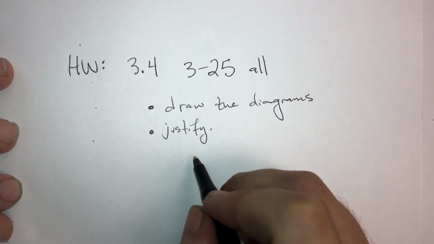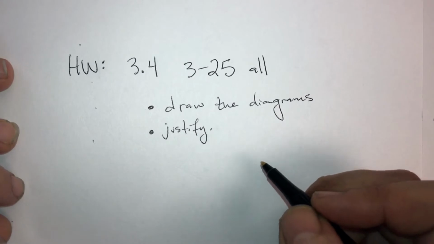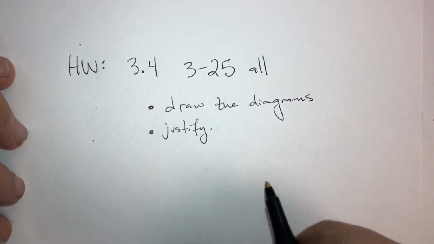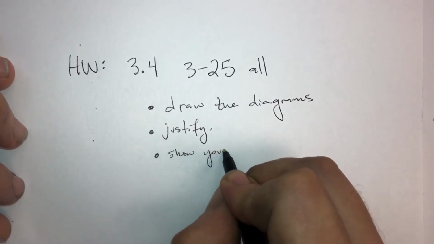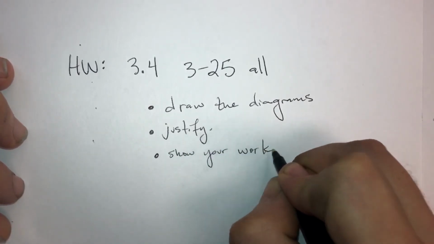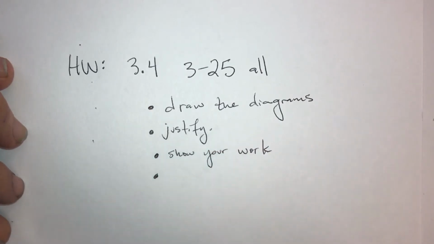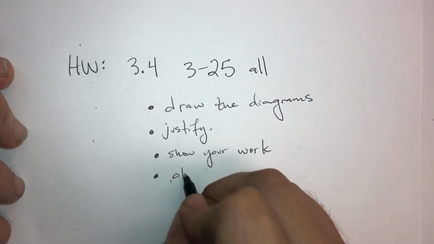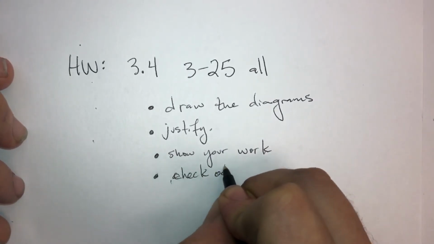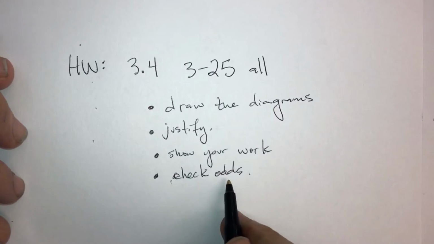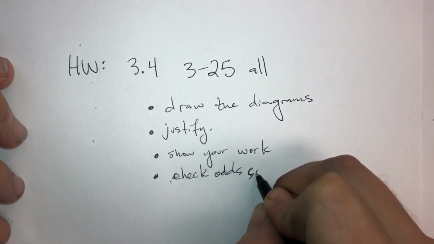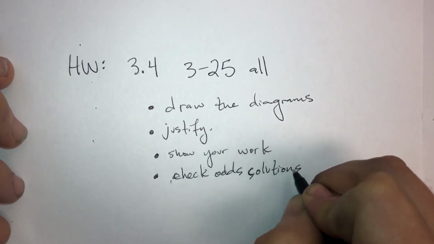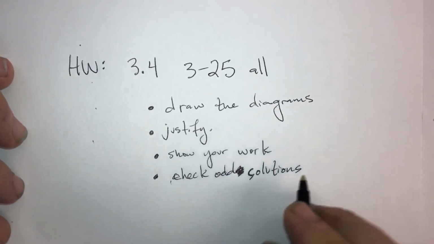Why do I want you to justify your statements? Because this is geometry, and that's what we do in geometry. Lastly, show your work, of course. That should be a given. Ooh, not lastly. I say lastly all the time. I think maybe this is actually lastly, though. Check your odds. By odds, I don't mean probability of winning. I mean solutions. Your probability of winning is very good because you're all very awesome.